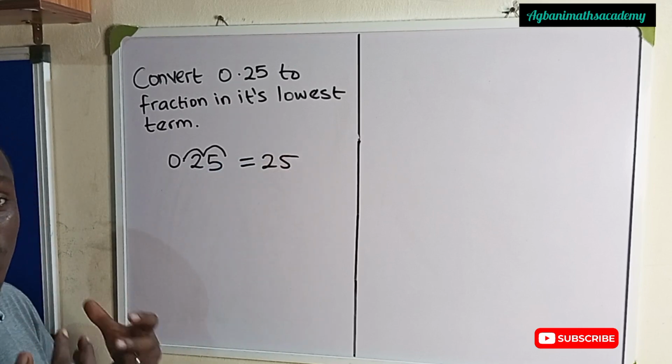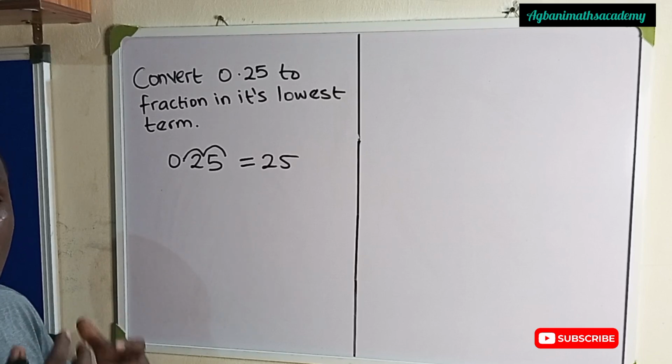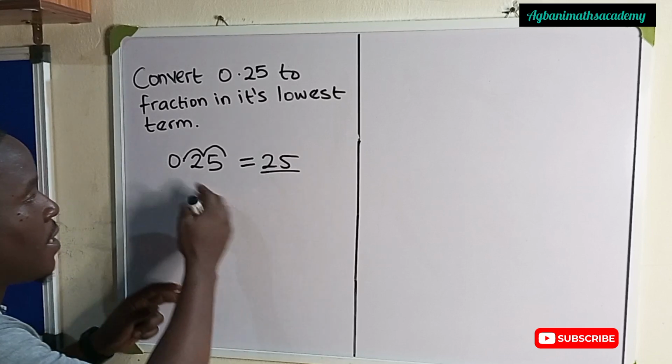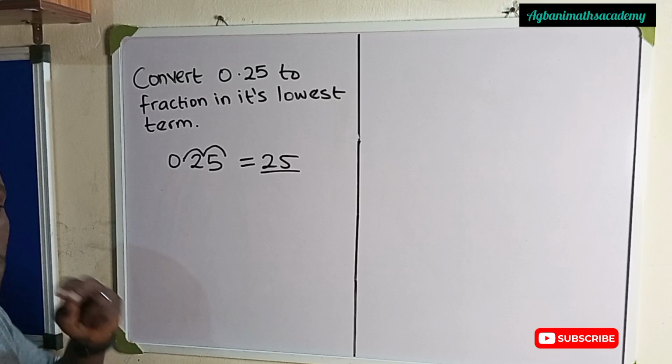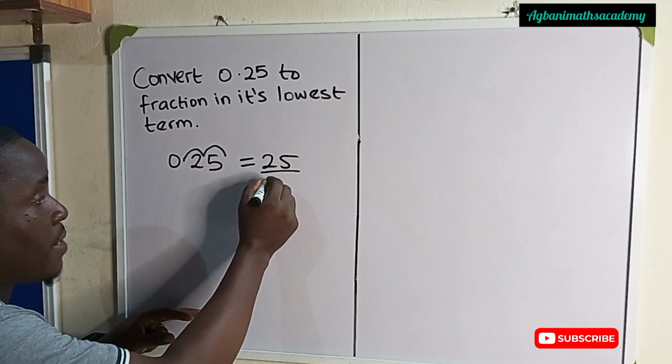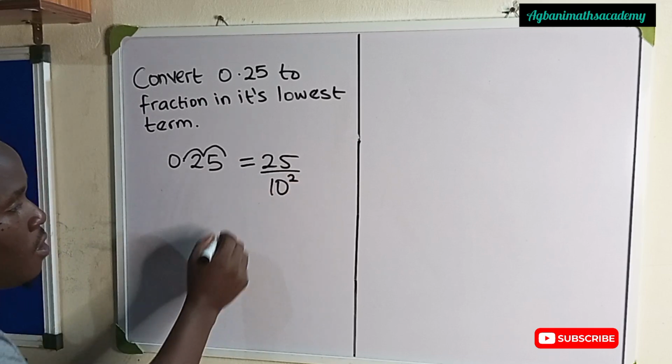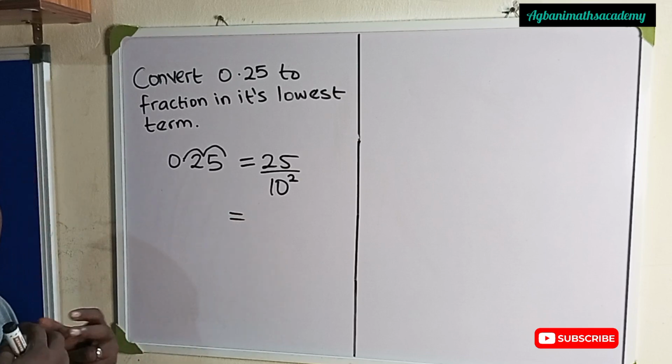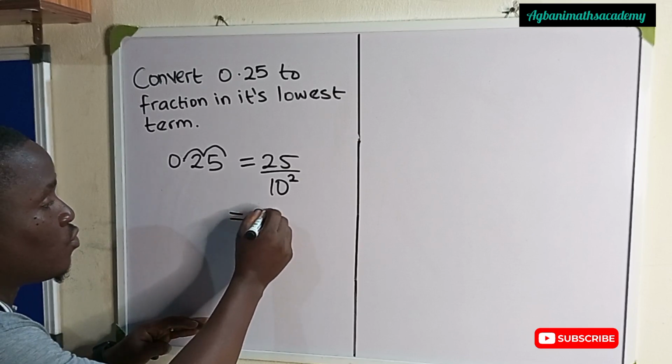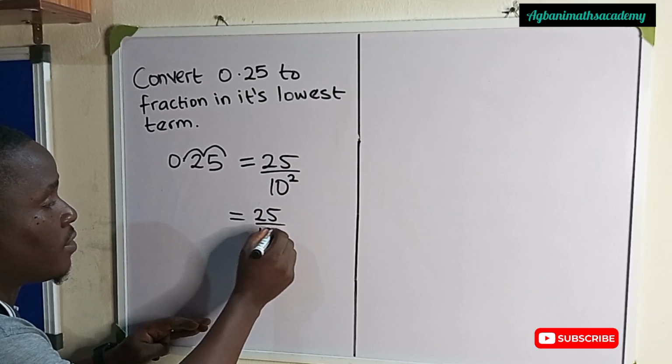But we are going to divide 25 by a power of 10. So divided by, how many times did we move the decimal point? We moved it twice, so we are going to divide by 10 to the power of 2. But 10 to the power of 2 is 100 because 10 multiplied by 10 is 100. So this is going to be 25 divided by 100.